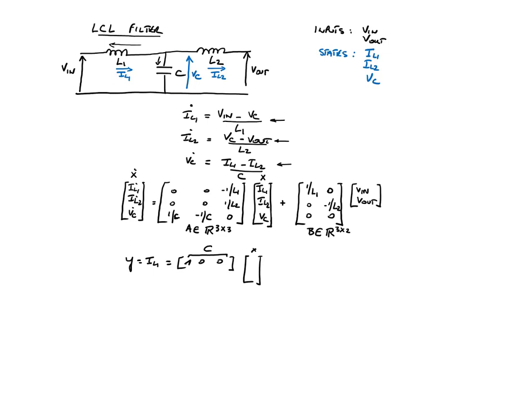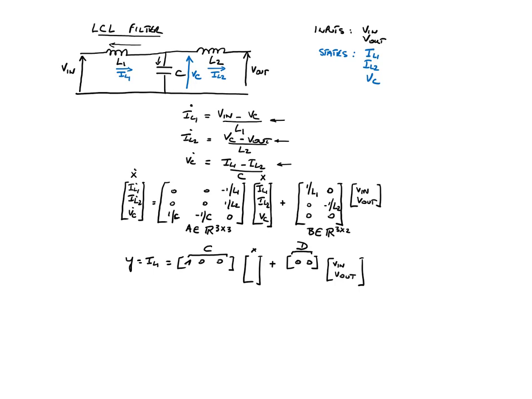That's my C here. And as usual in a physical system, there is no feed through, so we have 0, 0, and this is the D matrix.